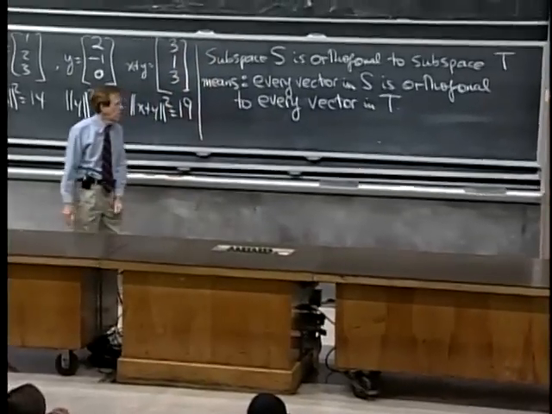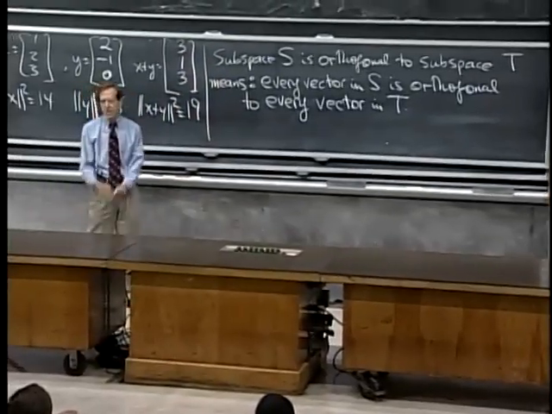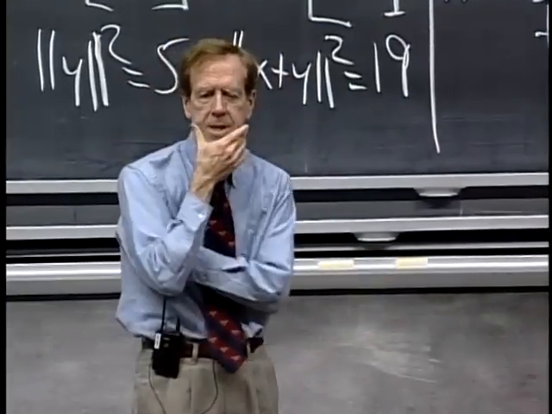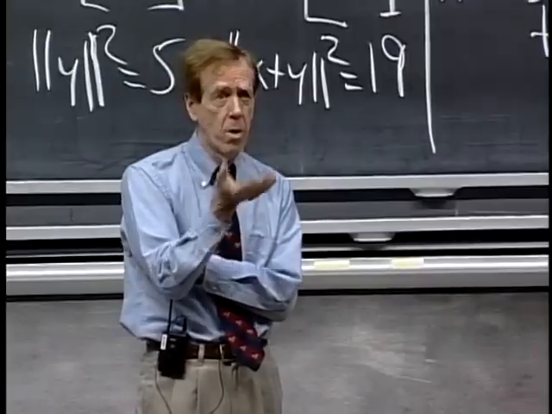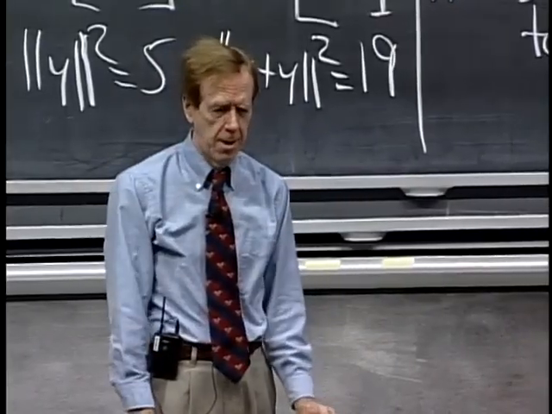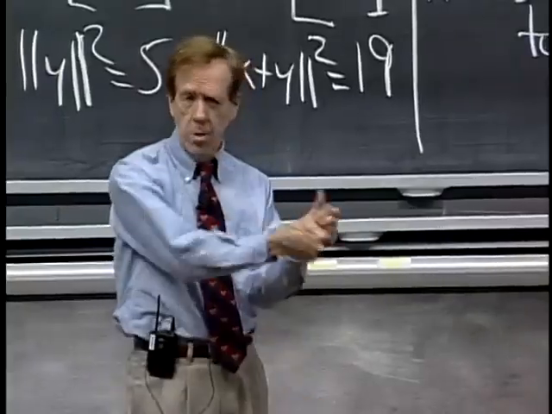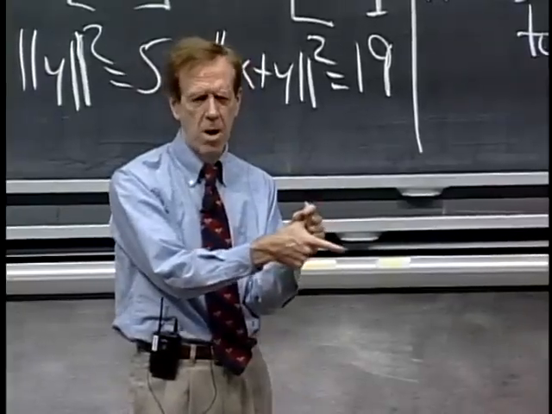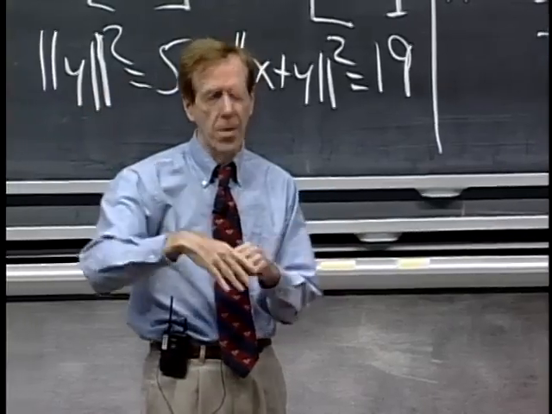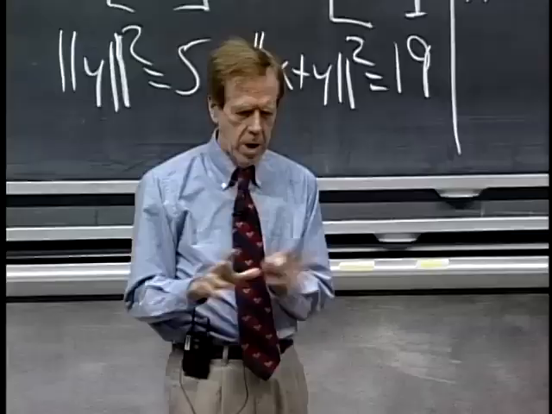Oh, well, when do we have orthogonal subspaces in the plane? Yeah, tell me in the plane. So there aren't that many different subspaces in the plane. What have we got in the plane as possible subspaces? The zero vector, real small, a line through the origin, or the whole plane. Okay.